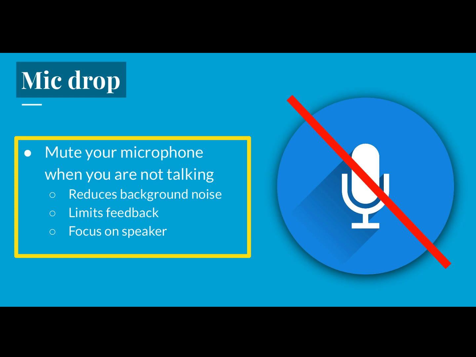Make it a habit that anytime you enter a session, you immediately mute. And when you want to talk, or answer a question, you can unmute, share your camera so that your peers can see your face, and then go back to muting. It'll limit that feedback and echo, and you and your peers can focus on the speaker, and it's less distracting for the presenter.